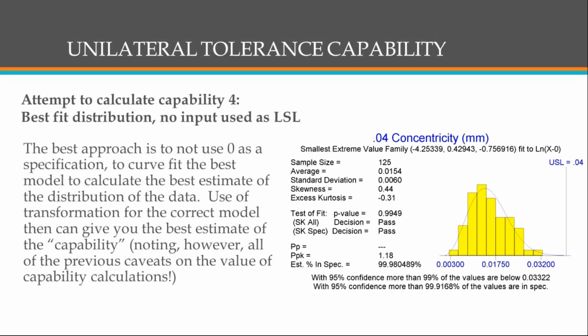Now, what happens with this software is it goes in and it will transform it to normal to calculate these values, but it's transforming it from a much better model, and that's what you want. However, remember the caveats of the whole point of capability calculations. Even though we have a better capability calculation, it still falls prey to all of the issues we have with its predictability.